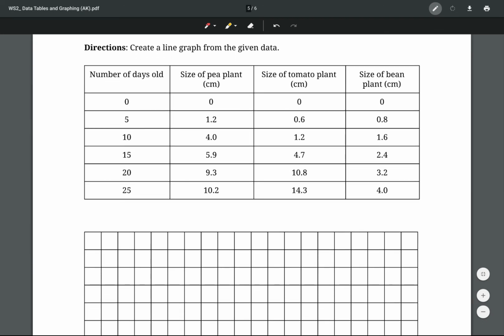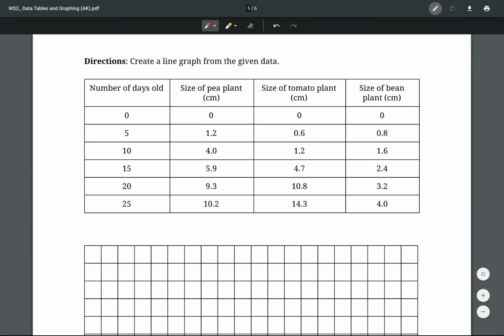For this last problem, we're going to create a very involved graph because we've got lots of data to put on the same graph. So first, we're going to write a title. For our title, we need to know what the independent and dependent variables are. So the independent variable is in this first column.